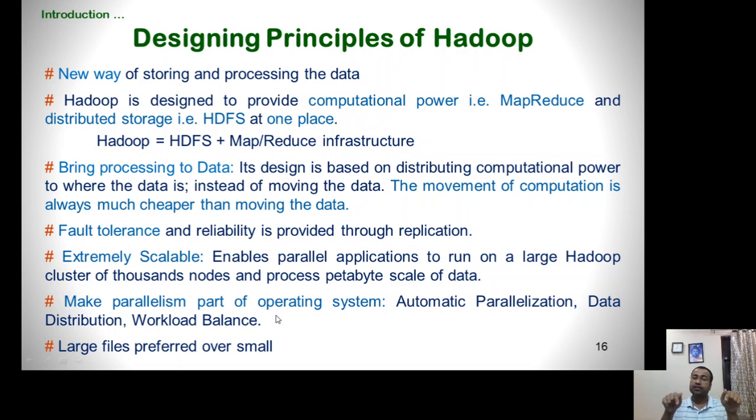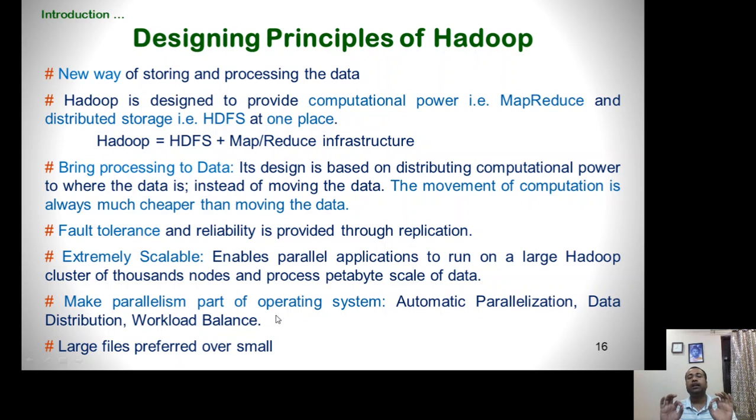But in the case of Hadoop, what is the underlying system? The operating system. Hadoop is basically a data processing or data operating system. All these things, automatic parallelization, data distribution, workload balance, will be automatically managed by Hadoop. It is not the responsibility of the programmer.